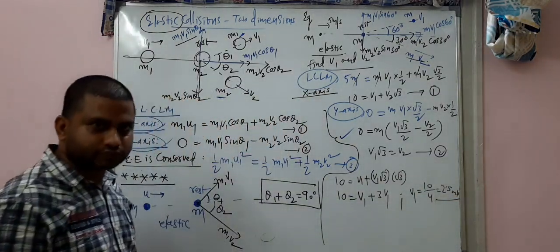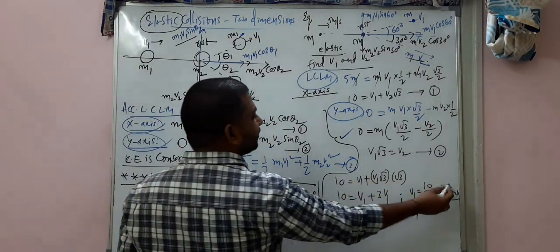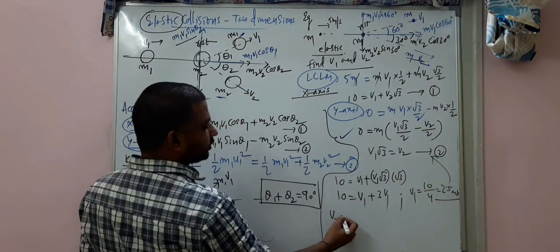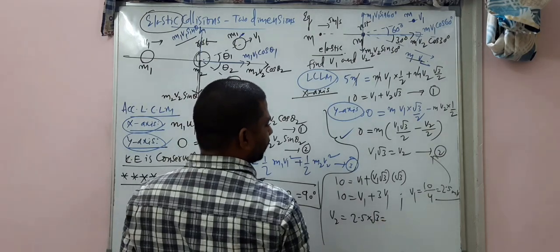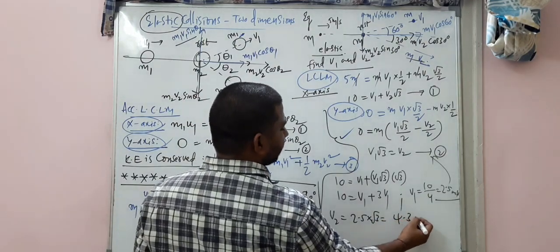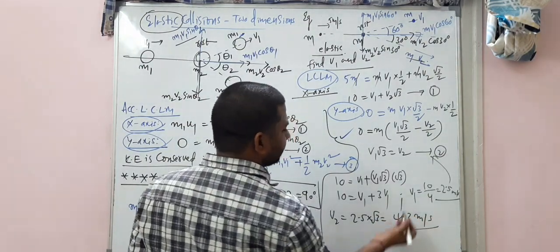That is v1. For v2, let's substitute this v1 here. So v2 is equal to 2.5 √3, which is approximately 4.3 meter per second.